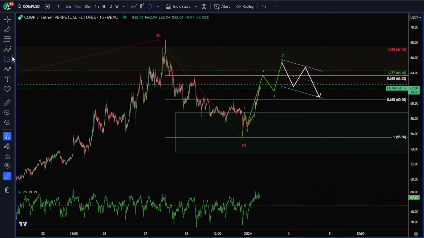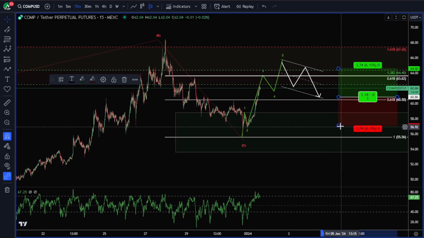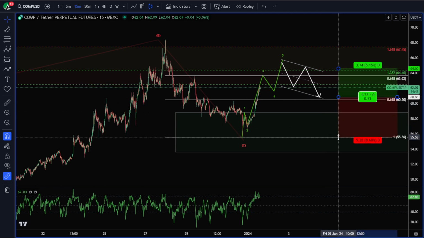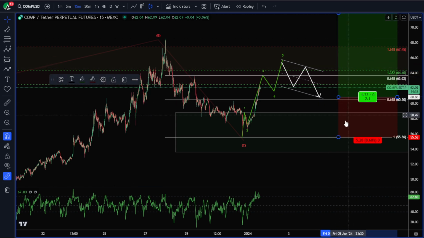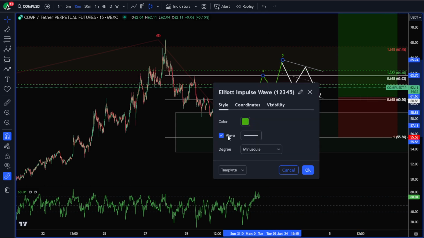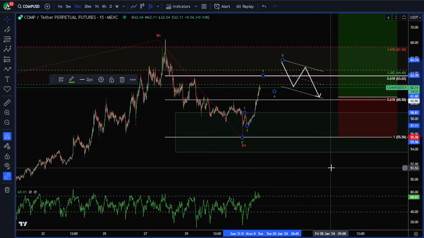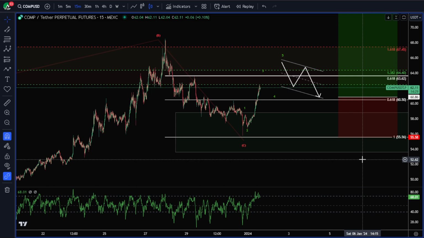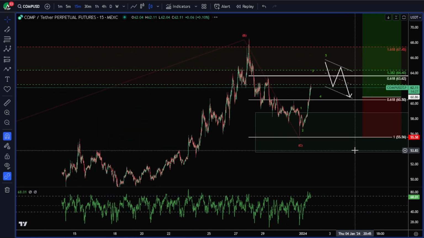And on my trade setup, once we get 5 waves and they look good and we get this pivot, I will raise my original entry to this level and look for a new entry here, again targeting 290. So that's my plan on Compound. Want to see this pan out and look to add to our entry.